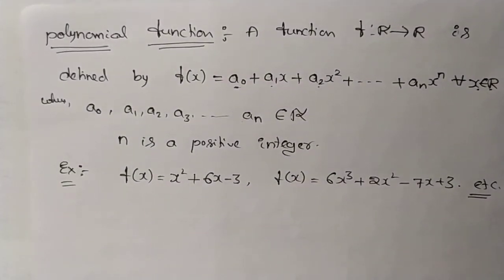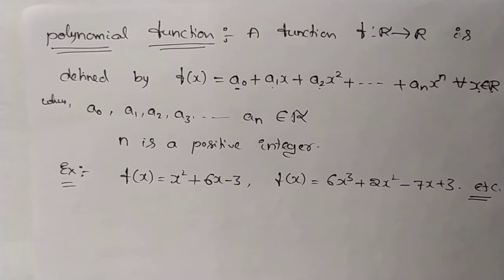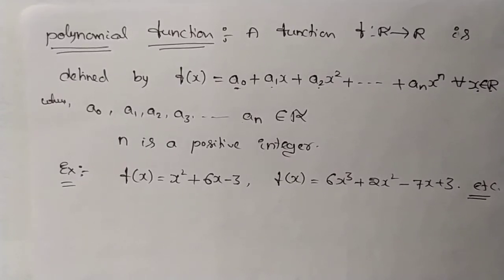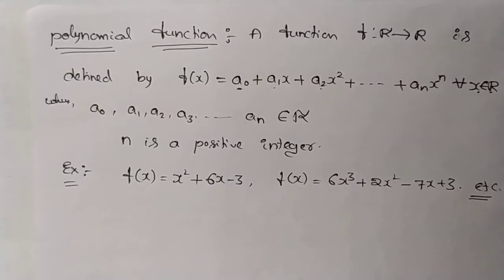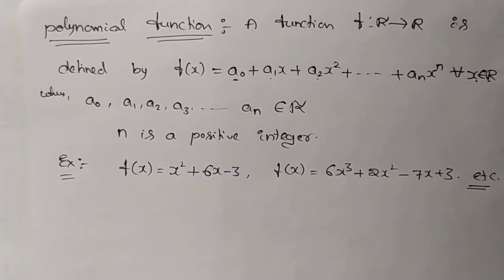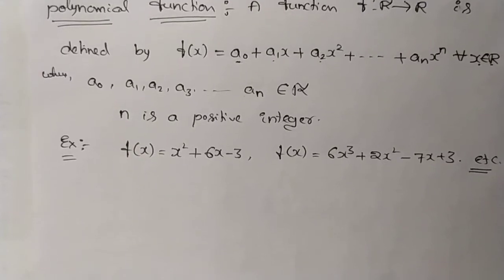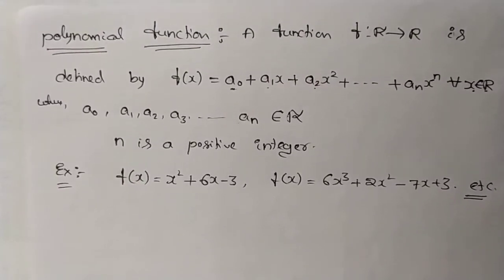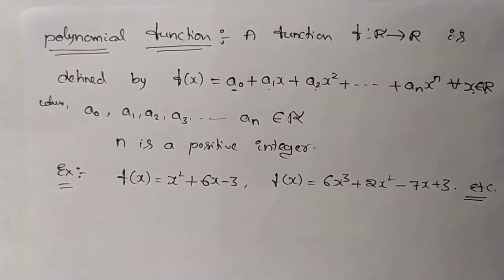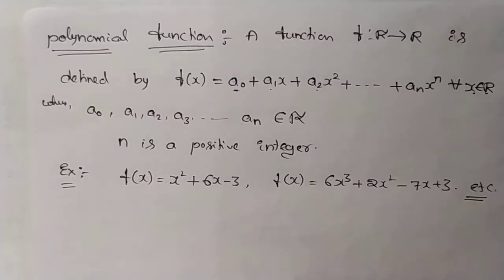Only the definition is there in your NCERT textbook, and the definition for the polynomial function is not that much important from the point of view of examination. You just take a screenshot or pause the video and note down the definition for this polynomial function.